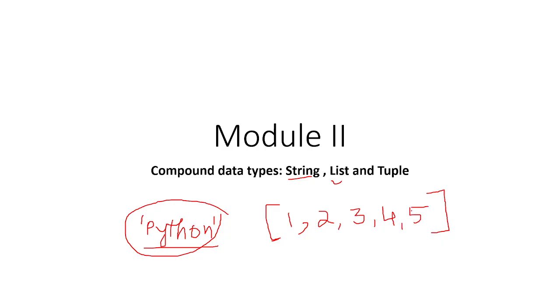Detail on this we'll discuss under these topics. The third category is tuple, where you will be using parentheses to enclose the data. Here I'm using again integer to group. This is my tuple. This is list example. This is string.